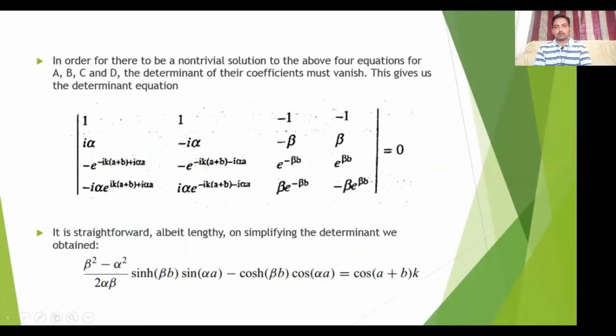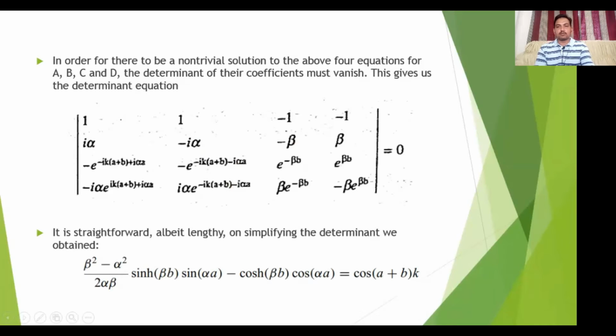So the first row is 1 coefficient of a, 1 coefficient of b, minus 1 coefficient of c, minus 1 coefficient of d. If you see the coefficients of a, b, c, and d in equation 2, which come from the boundary condition 2 which we have applied, the coefficient of a is iota alpha, coefficient of b is minus iota alpha, coefficient of c is minus beta, coefficient of d is beta. Similarly, from equation 3, you can write the third row. From equation 4, you can write the fourth row.